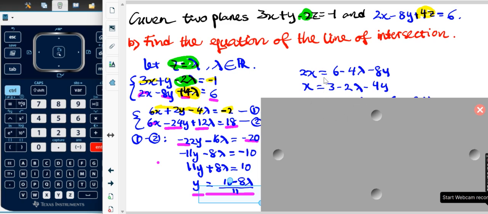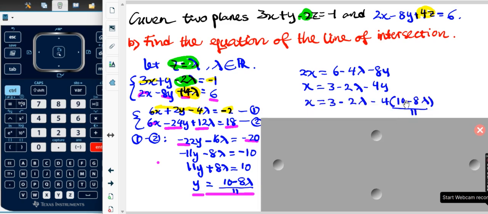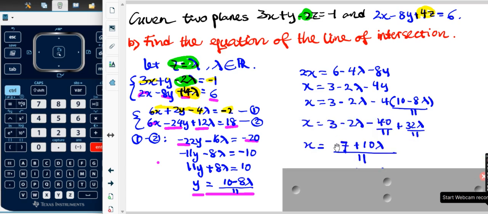And then here I can simplify this because all of these are multiples of 2. So divide everything by 2: 3 minus 2 lambda minus 4y. And y itself is 10 minus 8 lambda over 11. Okay? So then simplifying this, I will get x equal to negative 7 plus 10 lambda over 11.